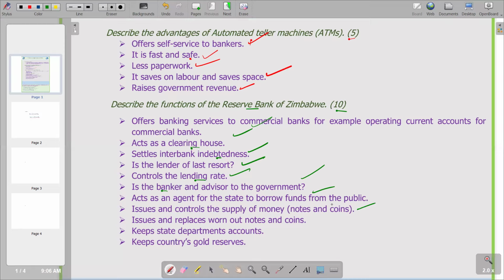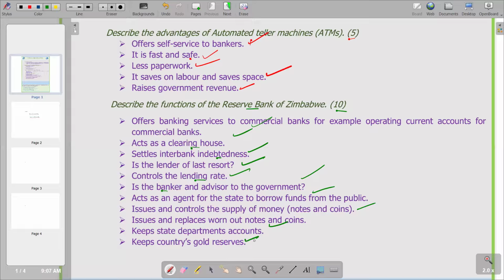The Ministry of Finance is a state department, and the Ministry of Health is a state department. They all have accounts at the Reserve Bank of Zimbabwe. The last point is that it keeps a country's gold reserves.